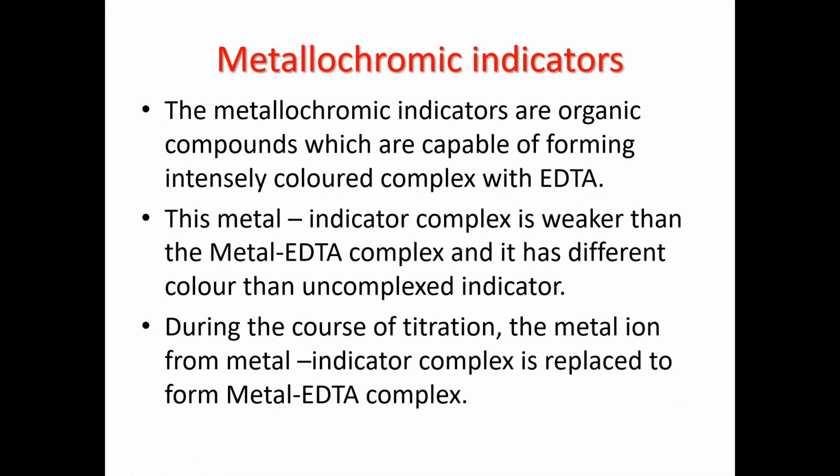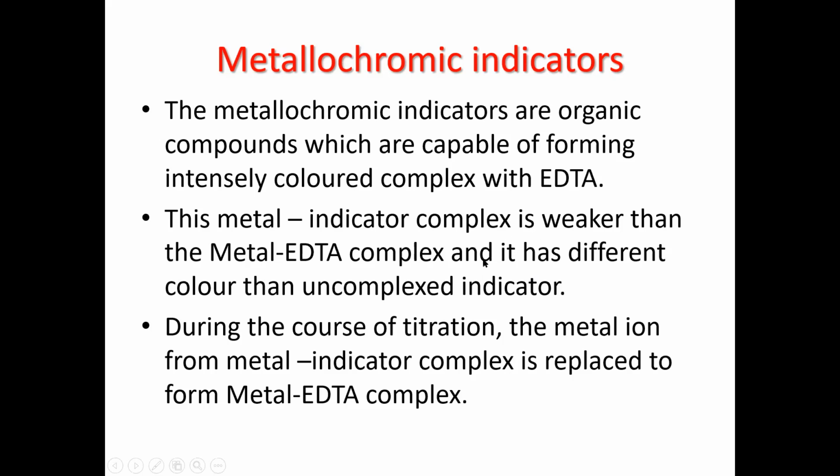They are organic compounds that are capable of forming intensely colored complexes with EDTA. The metal ion indicator complex is weaker than the EDTA complex, like I said before, and it has a different color than the uncomplexed indicator.